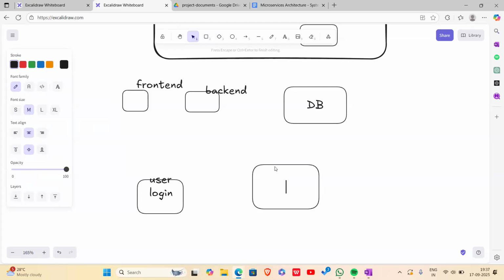Then this one is going to be client side, somewhat user related. Clients and users are going to be in these services, and something like that.